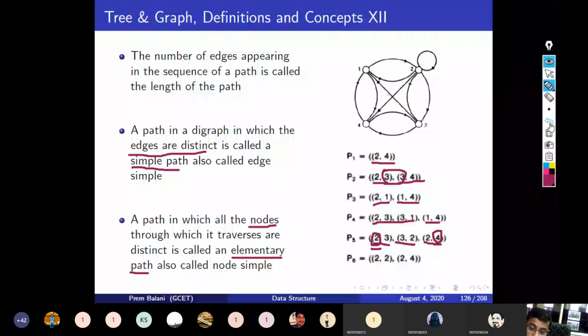So this is a simple path, but not an elementary path, because this 2 is visited multiple times, 2 times in the path, right? So this is all about the paths, and now let's go ahead.